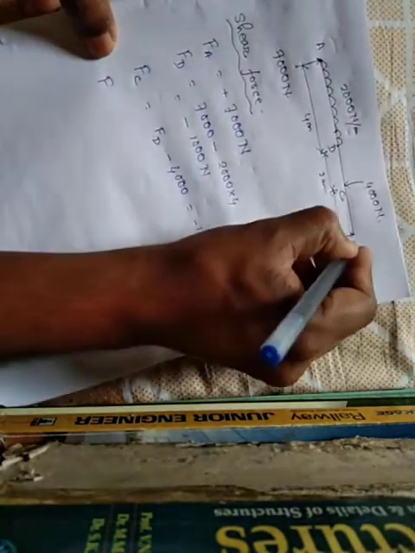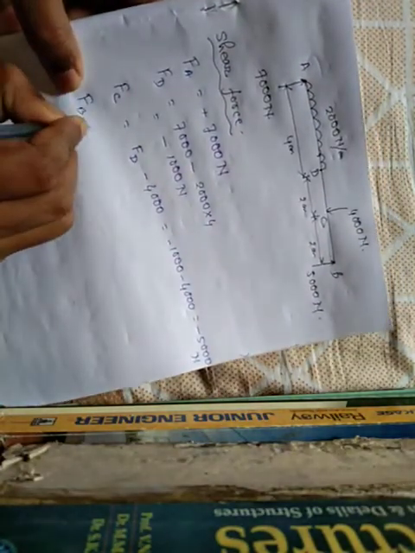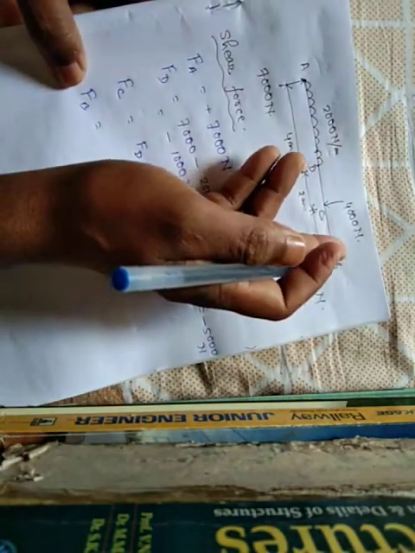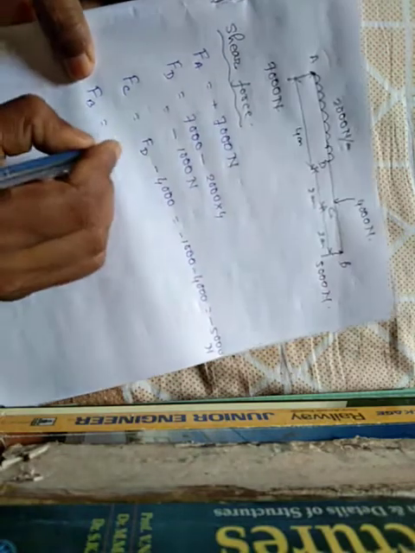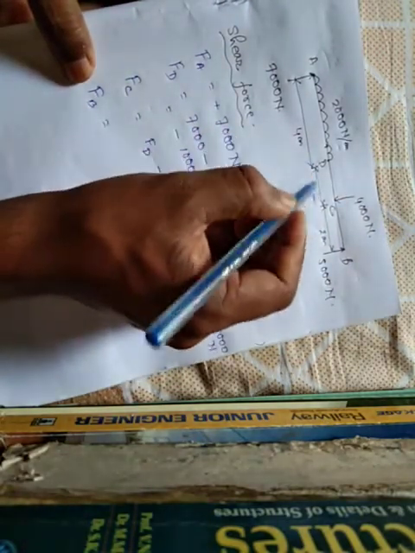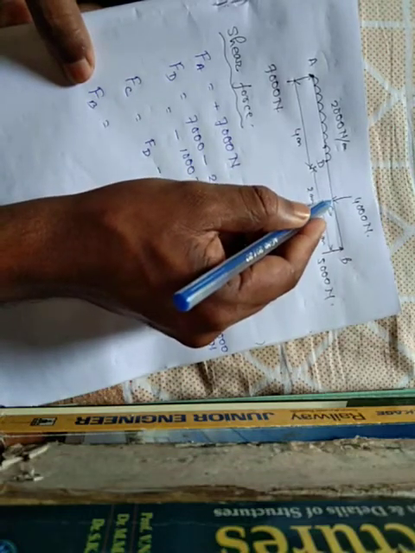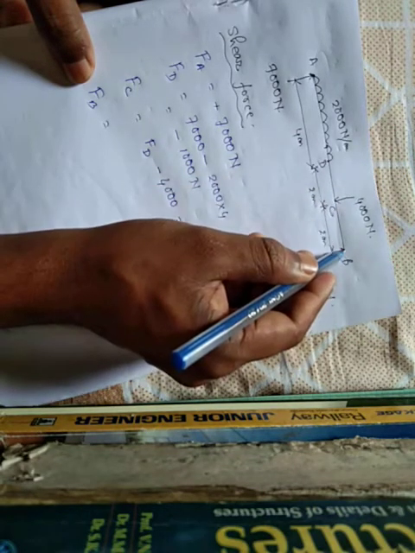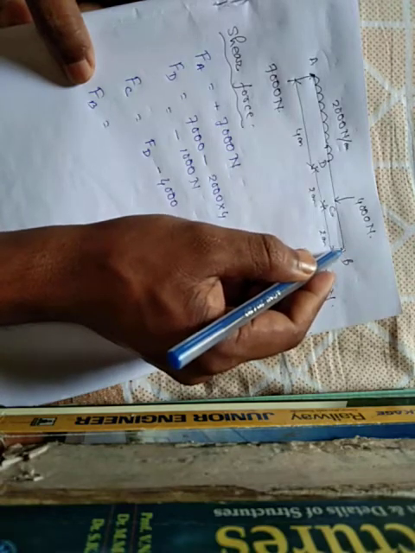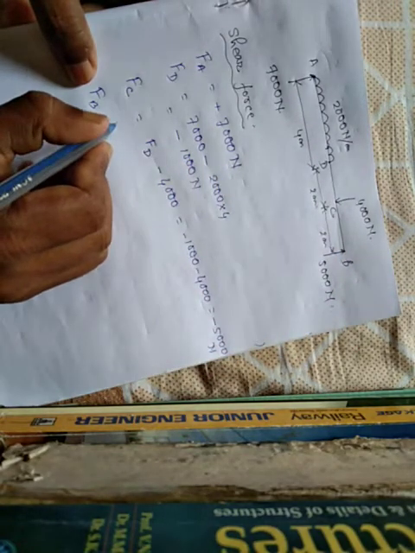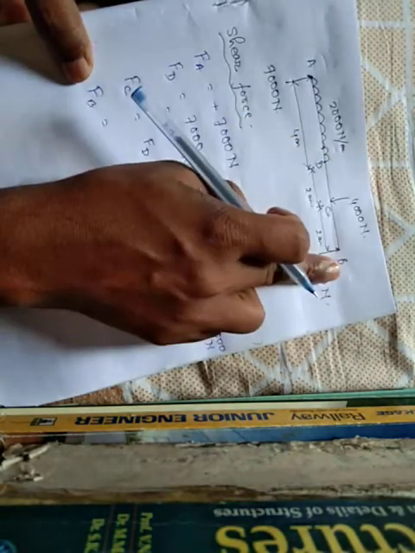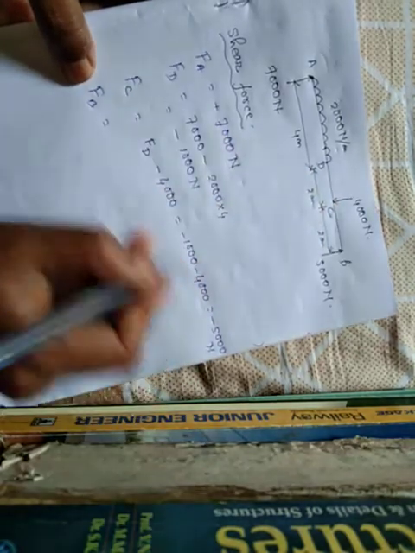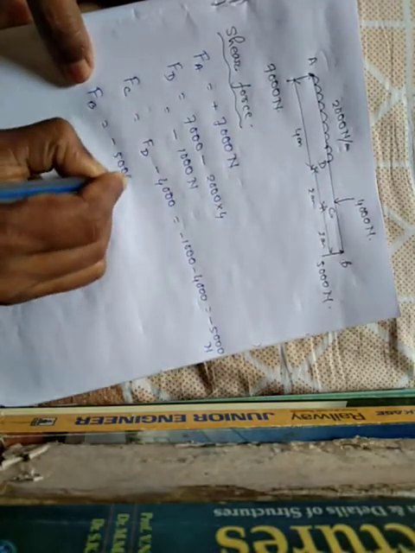And shear force at point B. The reaction force is always minus, that is also shear force at point C. Here no load, this is also reaction force. That means there is no force at point B, so the shear force at point B is equal to shear force at point C. That means minus 5000 Newton.